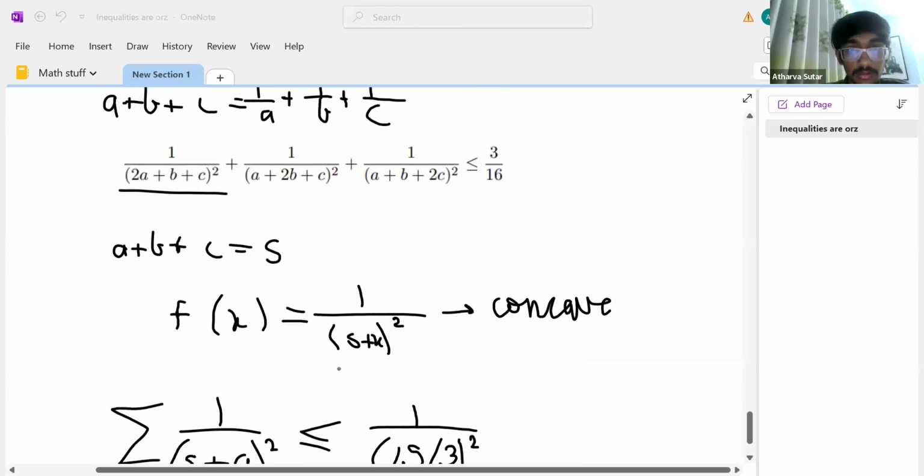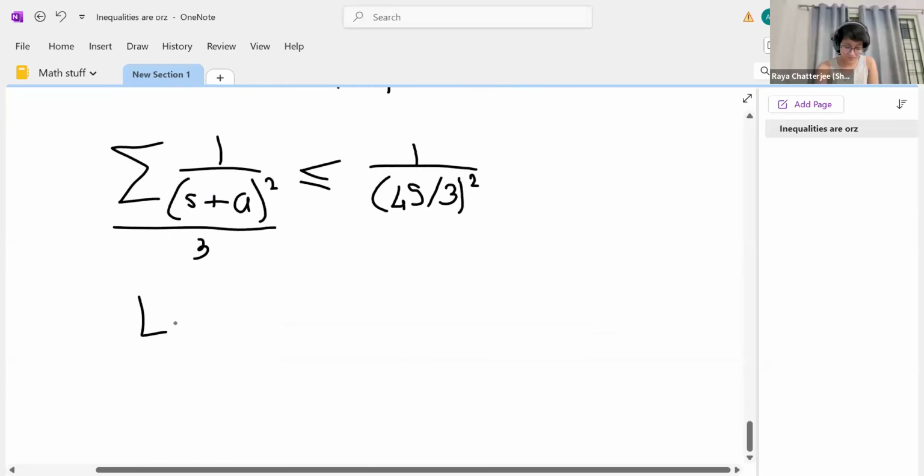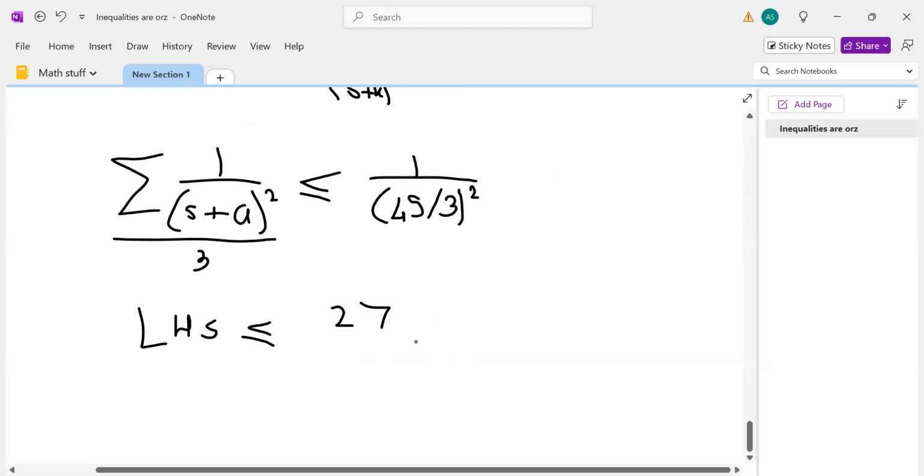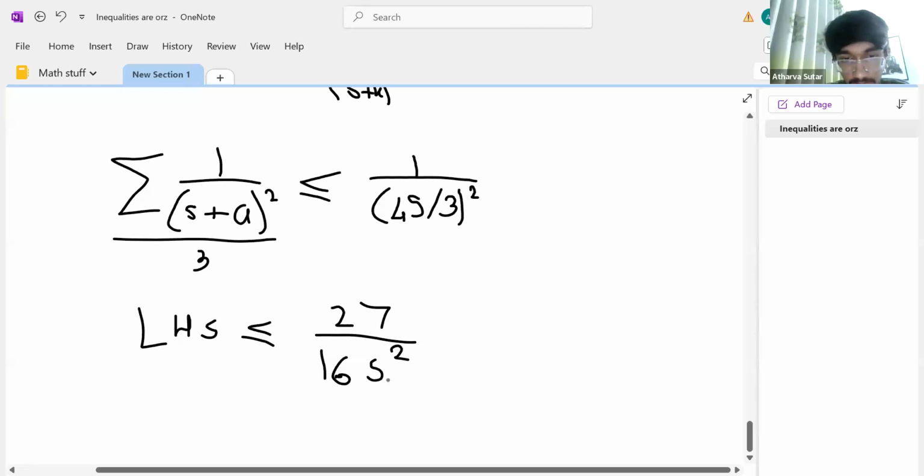The RHS is coming out to be 27 by 16 times S squared, that is 27 by 16 into 1 by (A plus B plus C) whole squared. Yeah, that is basically this.